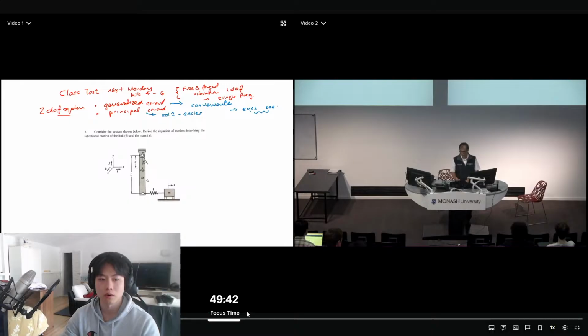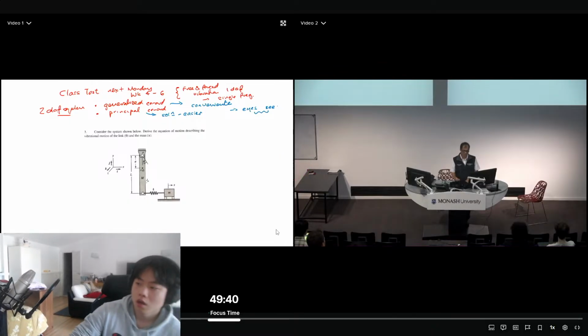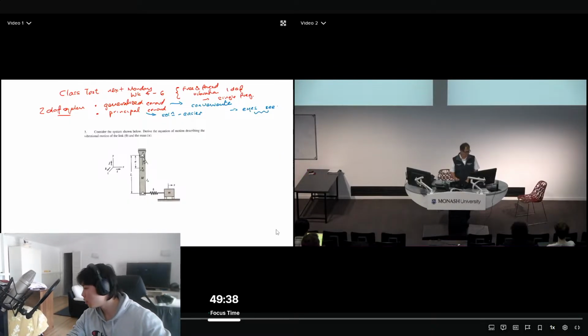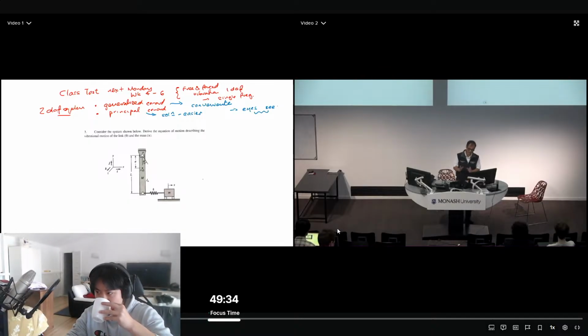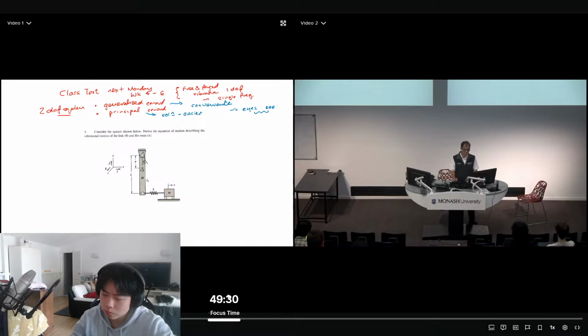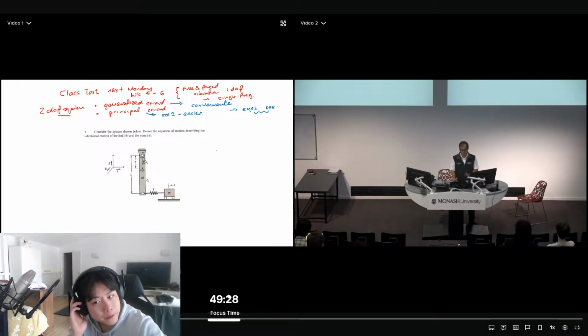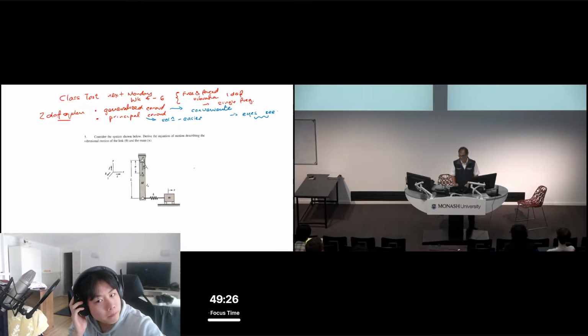Alright, cool. J subscript O connected by a spring, and then you have this mess. Now, if I ask you to determine the vibration response of this mechanical system, you will know that this bar will rotate and this mass will move.